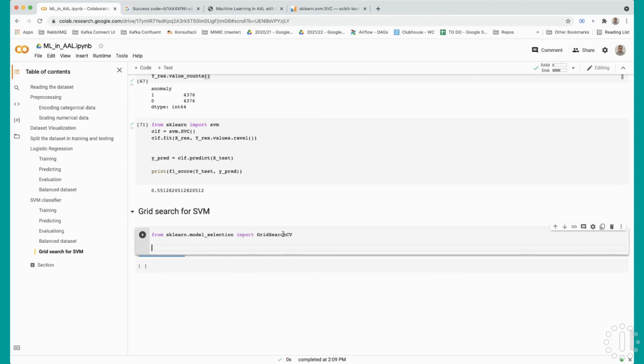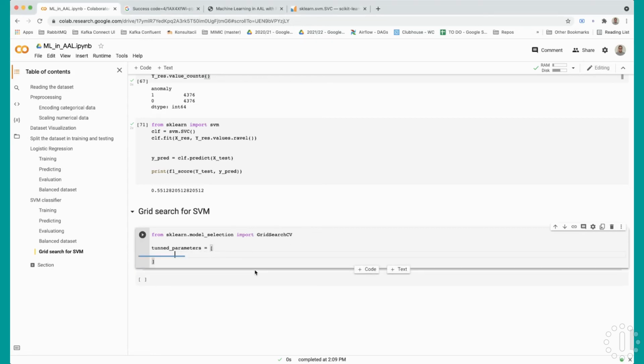Before doing grid search cross validation, we want to decide which of the parameters we want to tune and find which one is the best of them. We can provide them as a list where in each dictionary we will state what we want to try. For example, we saw that we had some nice results with poly.